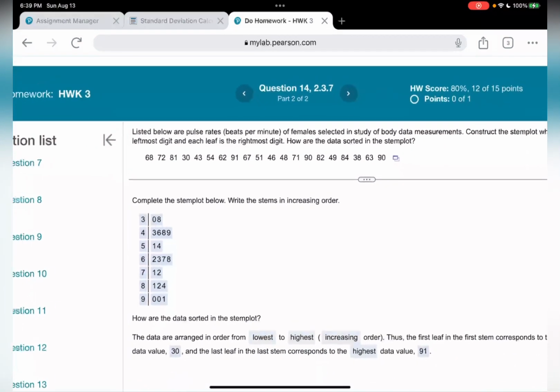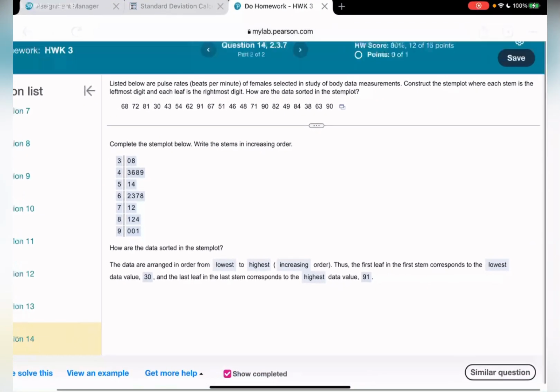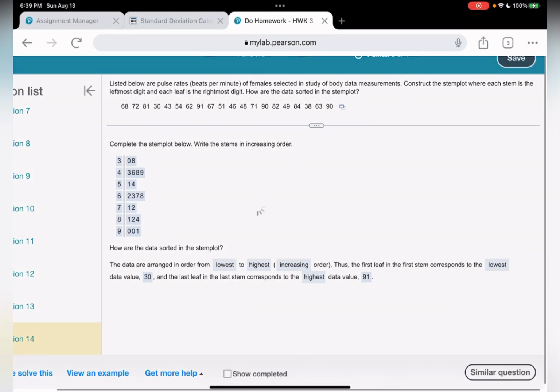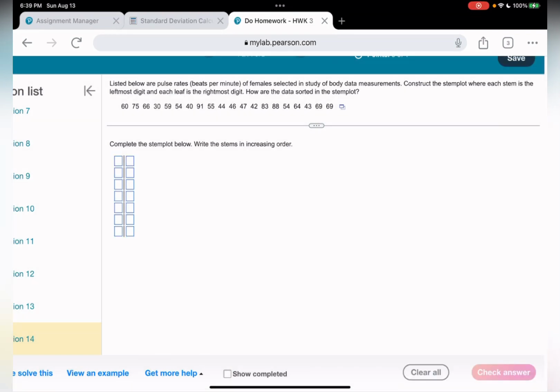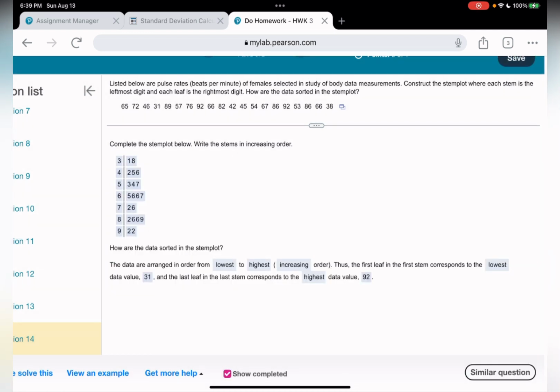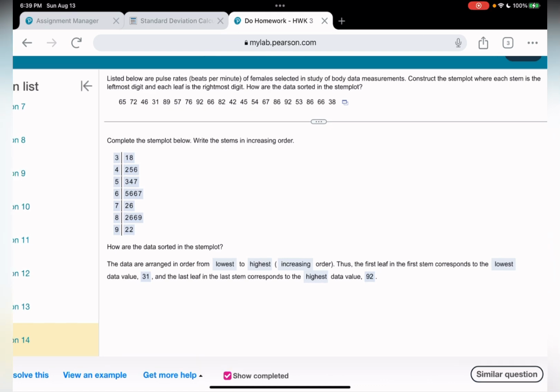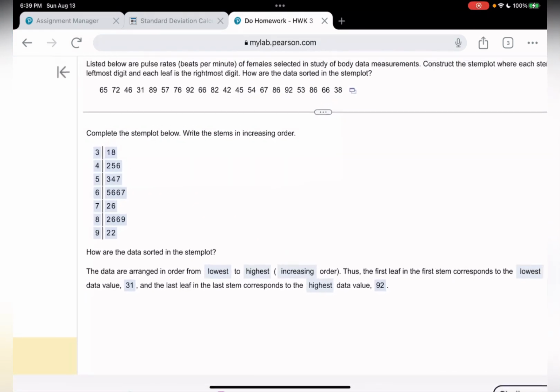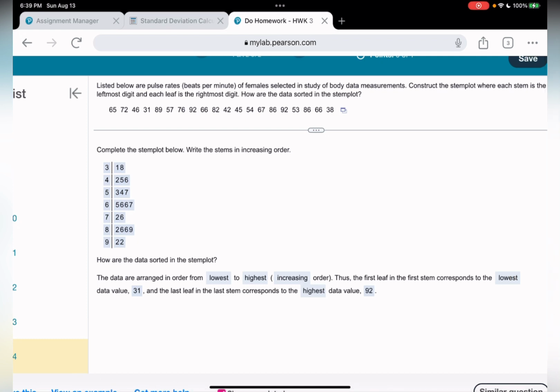Okay? Now, so let me take this off. We can do it between. Okay, let's see what is the question. How are data sorted in a stem plot? The data are arranged in order from lowest to highest. We already know, ascending order, increasing order.